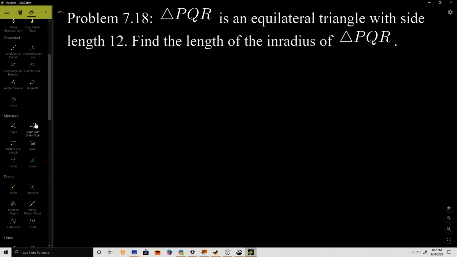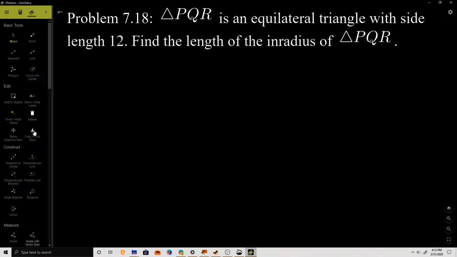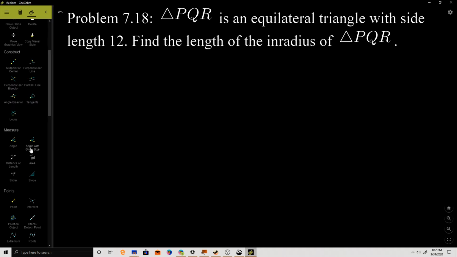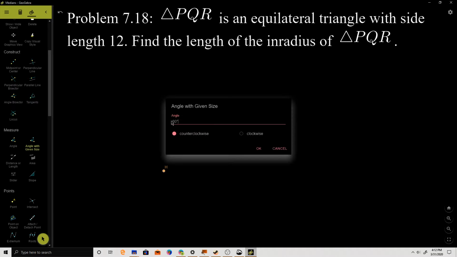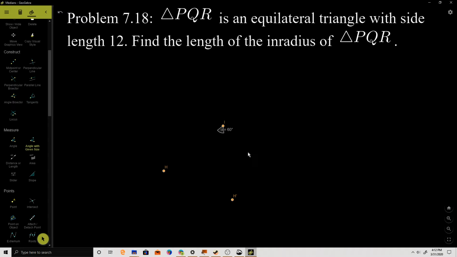So, we actually have a nice tool here. Angle with a given size. Now you create one point and make another. Say you want your angle to be 60 degrees. And what do you know?